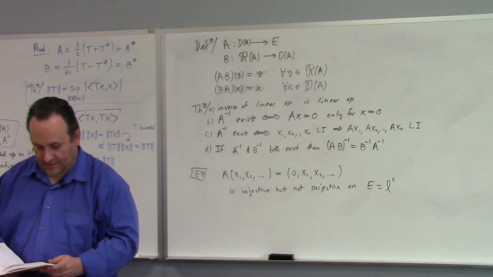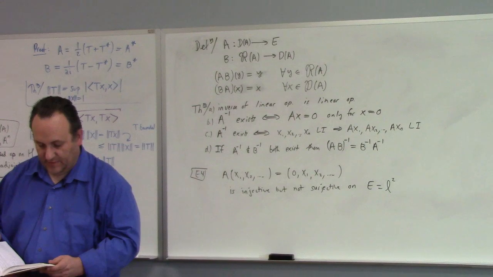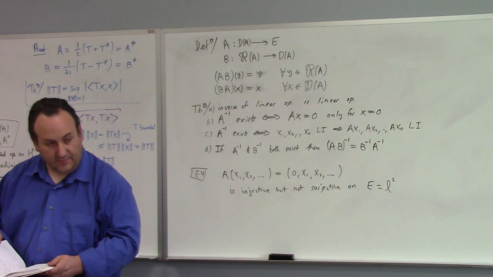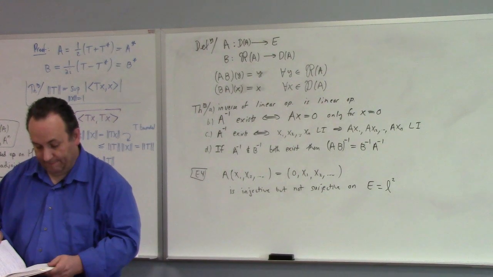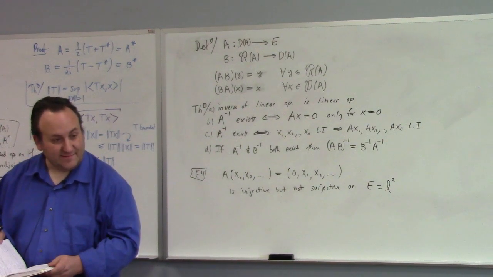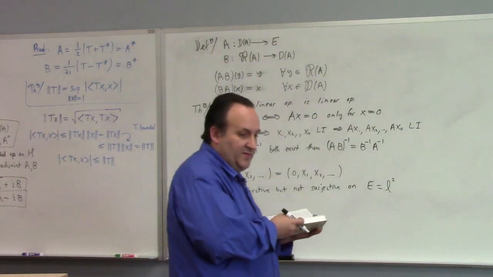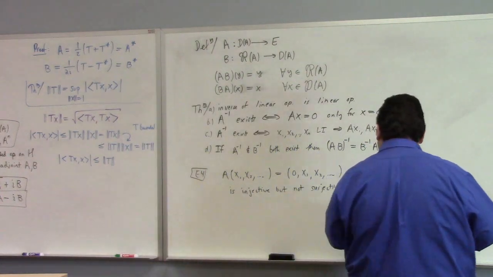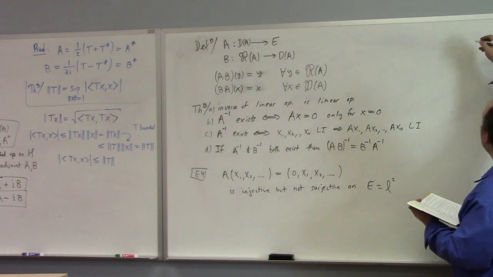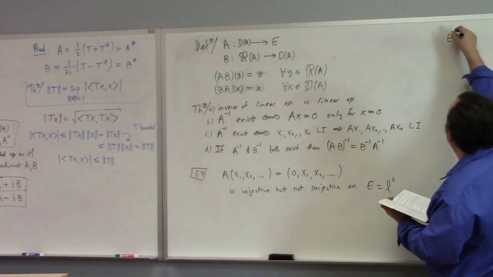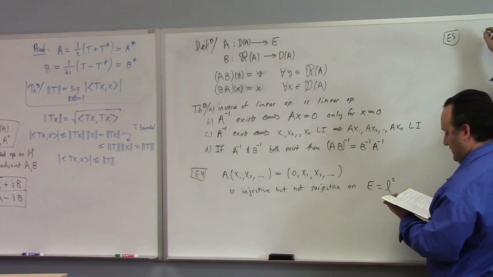Okay, and then he's got an example. His next example, he gives you an example of an operator which is a bounded operator, all right? And it's invertible, but its inverse is not bounded. So a bounded invertible operator need not have a bounded inverse. So the formula is just this.